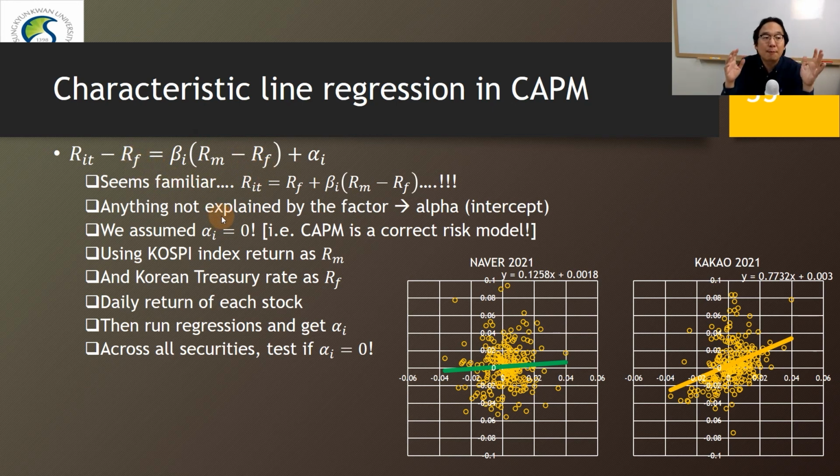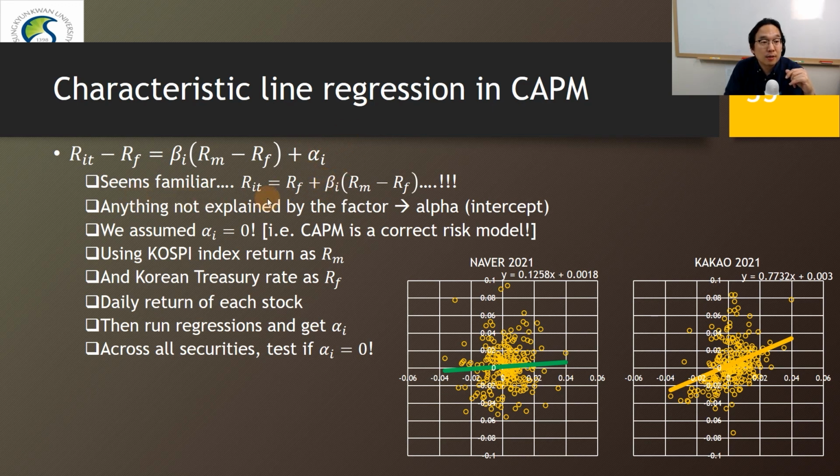Time point by time point, you subtract, and then you will have the excess return of your stock column and the excess return of your market portfolio column. Two different columns, and run a univariate regression. That slope term will be beta, and the intercept will be alpha.